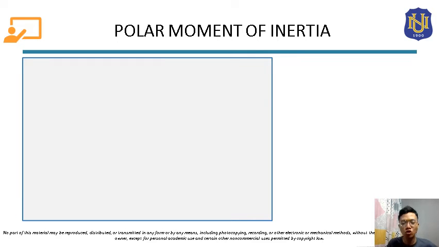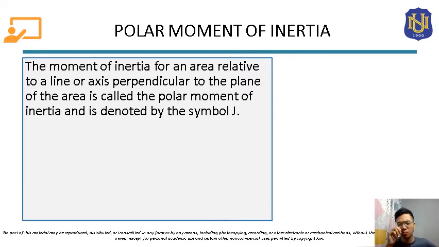Now let's proceed to polar moment of inertia. The moment of inertia for an area relative to a line or axis perpendicular to the plane of the area is called the polar moment of inertia and is denoted by the symbol J. Its reference axis will be the axis perpendicular to the plane, the axis perpendicular to the screen. This is the z-axis.